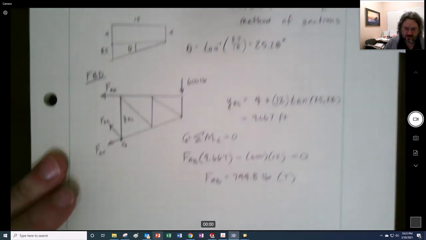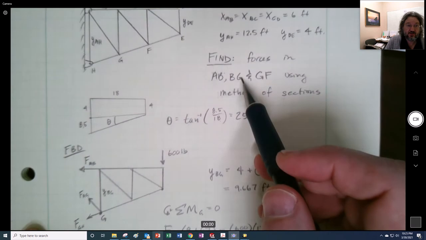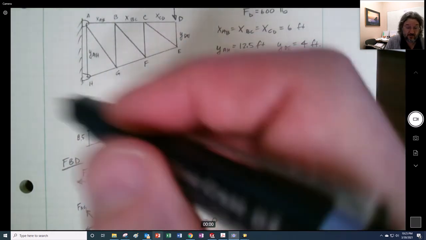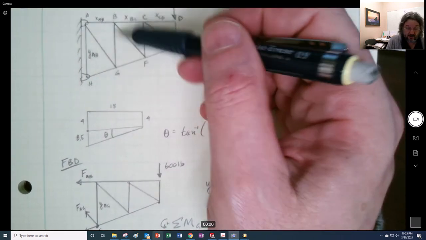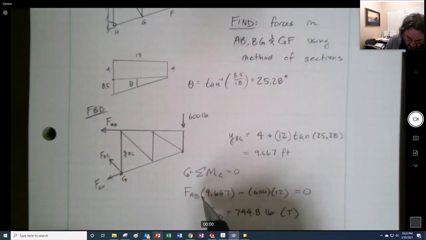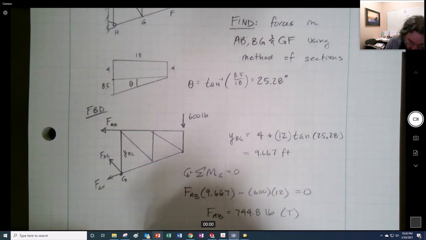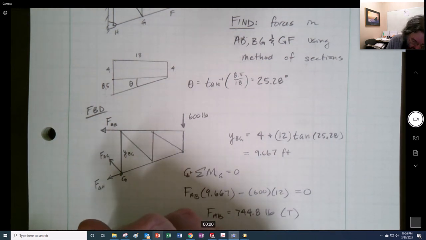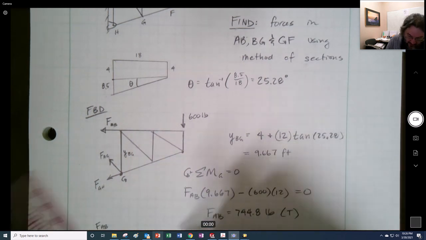Now the next one we wanted to get was BG. All right, so that's going to be between here and here. My strategy for that one is to cut it just a little bit differently, just a little bit over. So I'm going to cut this guy. I'm still going to have FAB, and because I know that, that's going to help me a little bit.